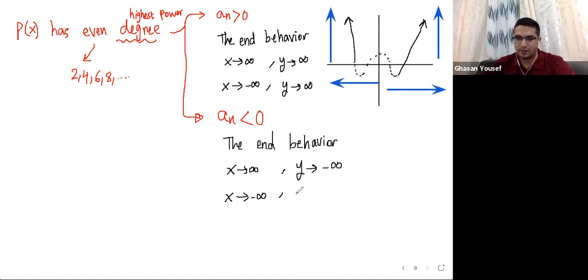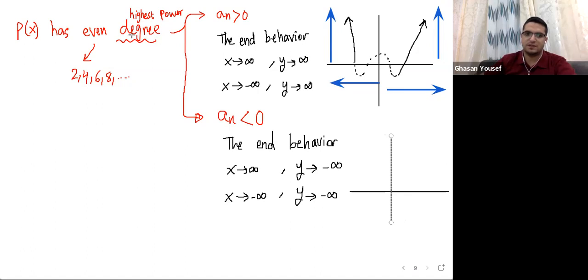When x goes to minus infinity, the y goes to minus infinity. Again, the graph of this function is not exactly the graph. It's like some function with even degree and negative leading coefficient, like this.